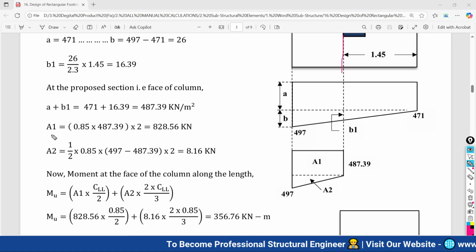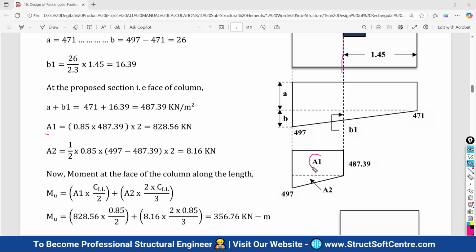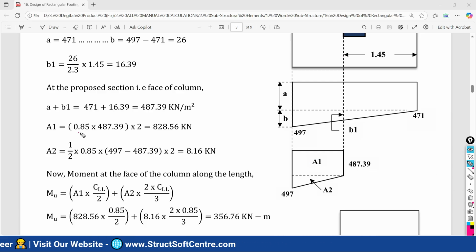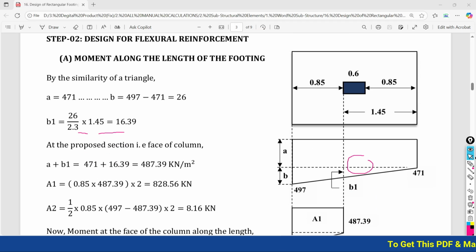So how can we do this? A1 will equal the area of this footing. How can you calculate the area of this footing? That is very simple. 0.85 is your projection multiplied by the total height 487.39, and this is going to be distributed over the width of the footing.